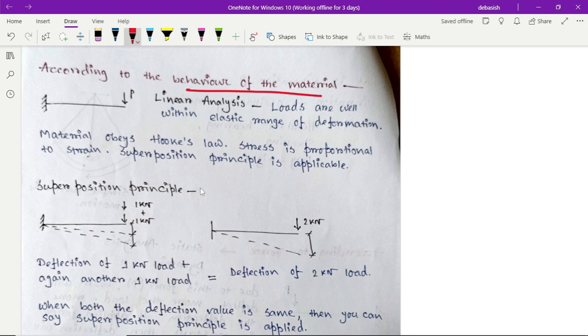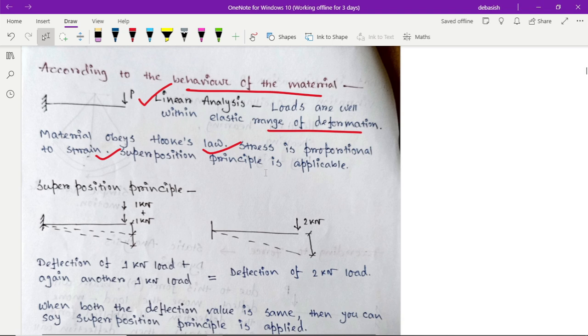According to the behavior of material, there will be two types of analysis: one is linear analysis and another is non-linear analysis. In case of linearity, load will be within the range of elastic deformations. Material will obey Hooke's law. Stress will be proportional to strain. Superposition principles will be applicable in case of linear analysis.